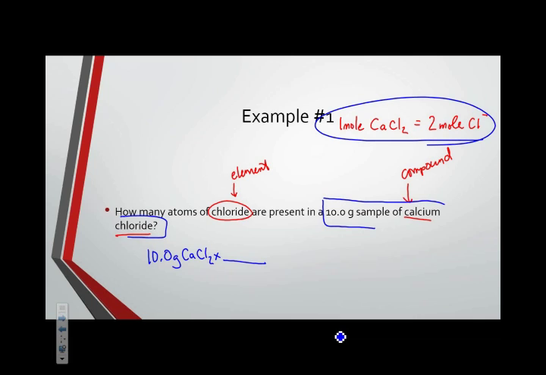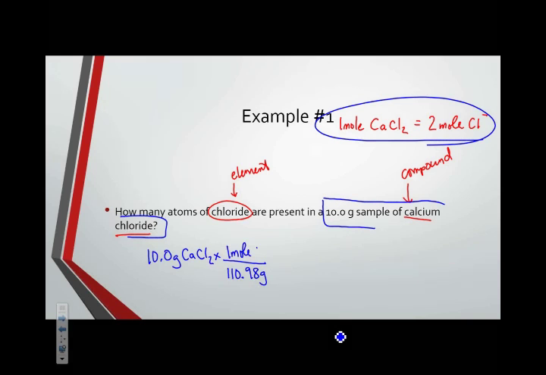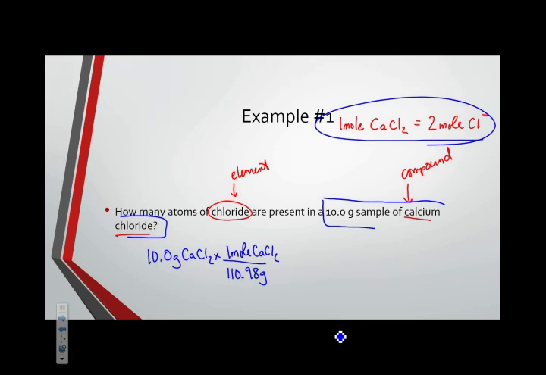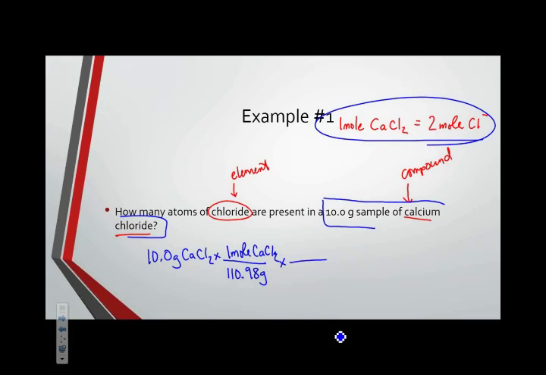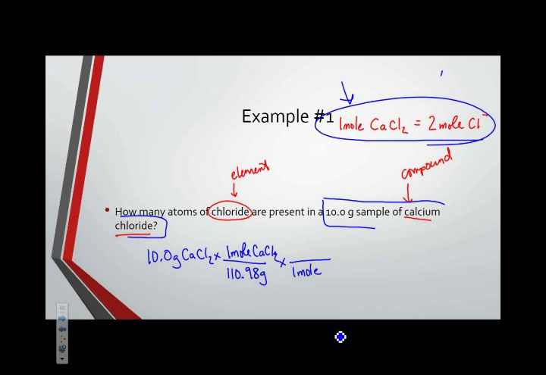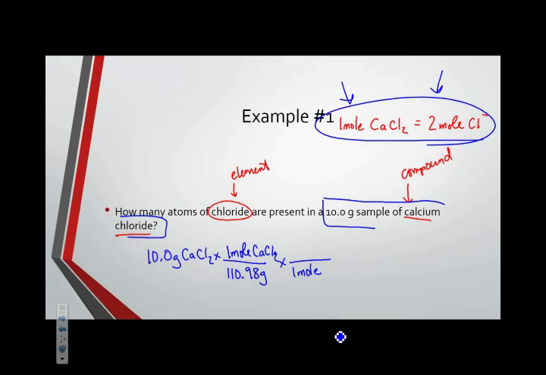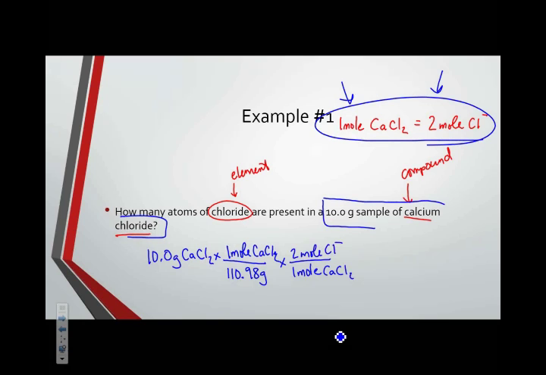And when I do that, I see that my calcium chloride is 110.98 grams per 1 mole of CaCl2. That moves me into moles of calcium chloride, and I know from my element to compound formula or relationship up there that 1 mole of CaCl2 is 2 moles of Cl-.